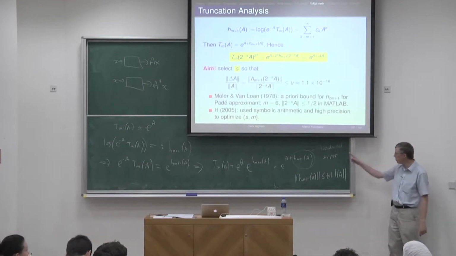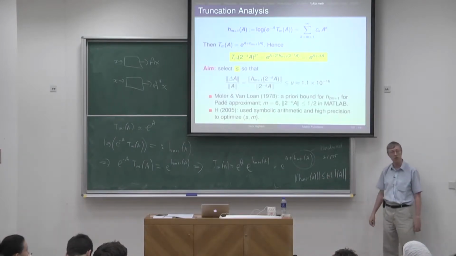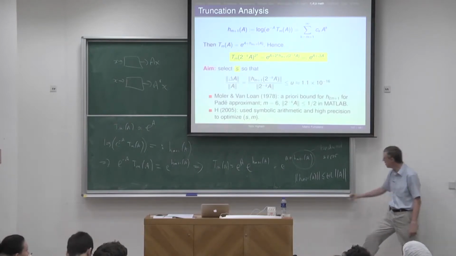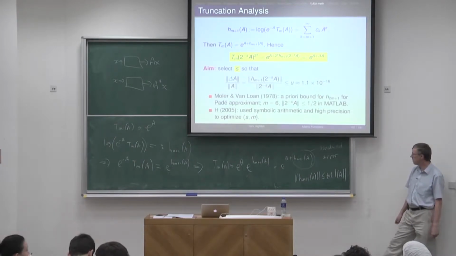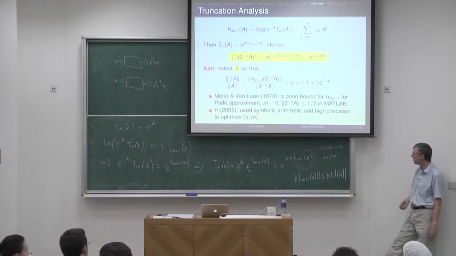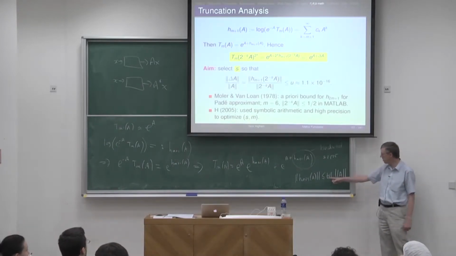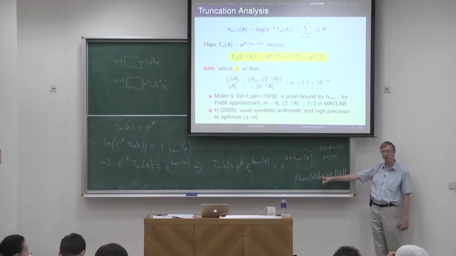It's simply, there's the original A, I don't want to perturb the original A by more than a relative amount tol. That would be the best possible result I could get. So this is much nicer than having to work out how big you want the forward error to be. This is the backward error. So that's going to be my aim. Choose s and m so that this inequality is true. So all the work is going to be in bounding h_{m+1}.